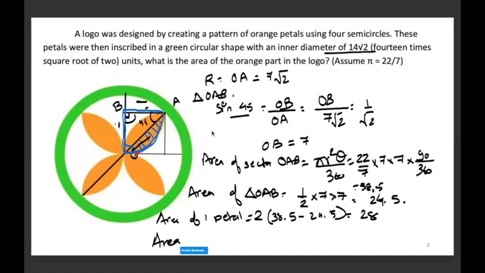Now the orange part is made up of 4 petals. So area of orange part is 4 into 28, which is 112 units square. Okay, which is the answer that we have to find. We'll move to the next one.